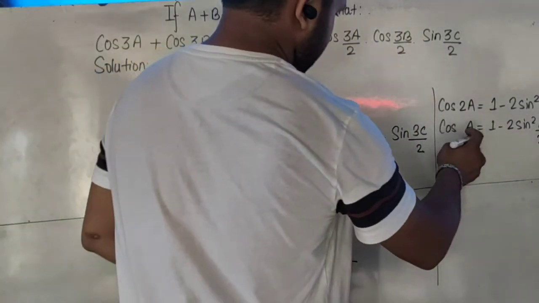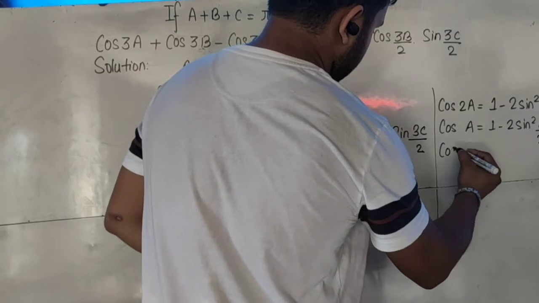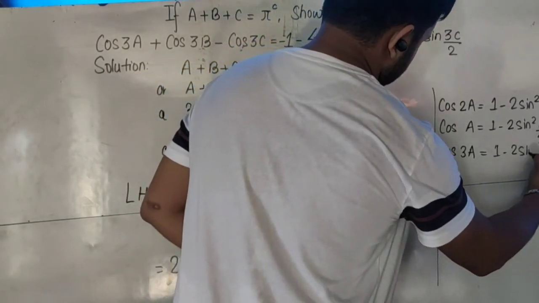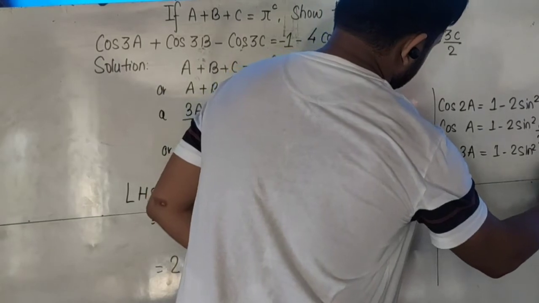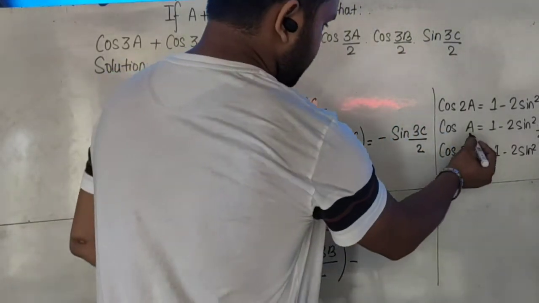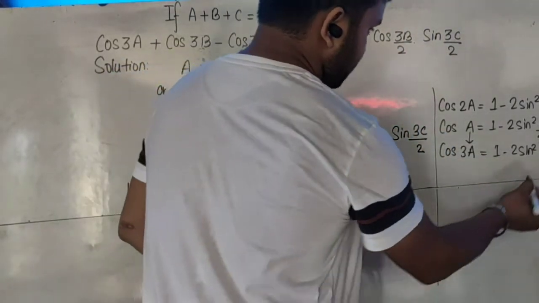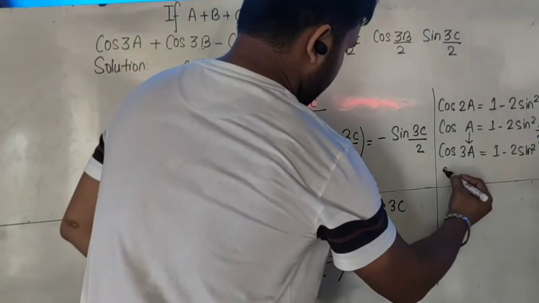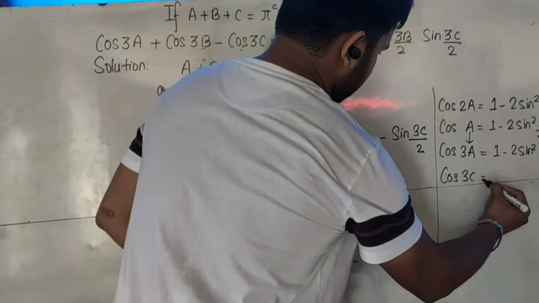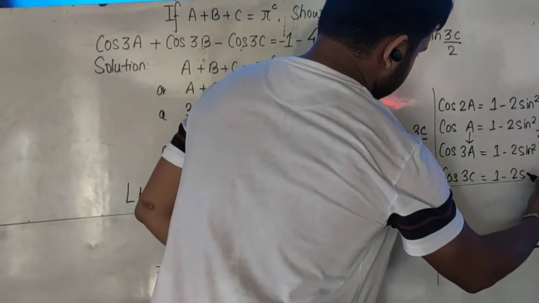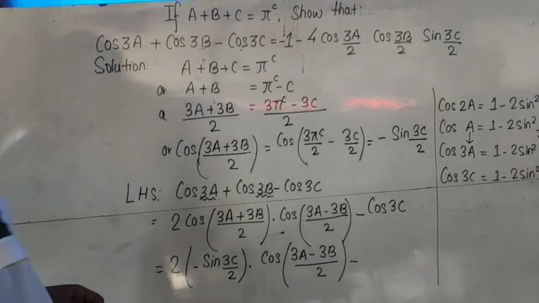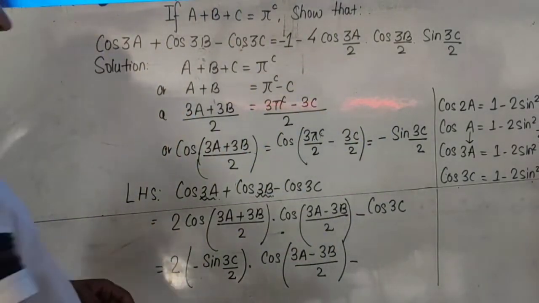If cos a is 1 minus 2 sin square a by 2, then cos 3a is 1 minus 2 sin square 3a by 2. In place of a, here came 3a. In the same way, the formula for cos 3c will also be 1 minus 2 sine square 3c divided by 2. So you can use the same formula here.